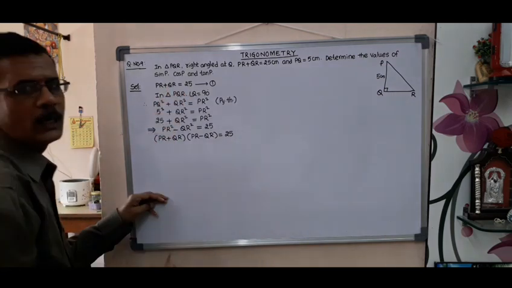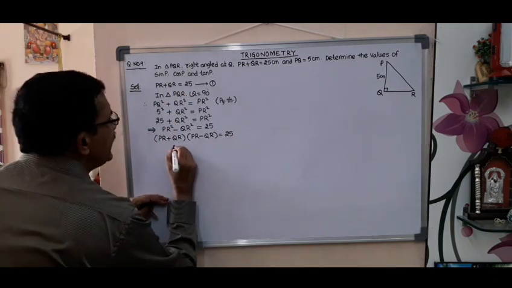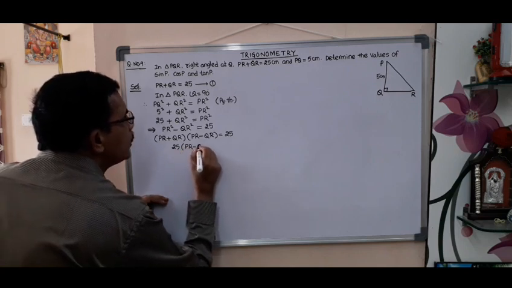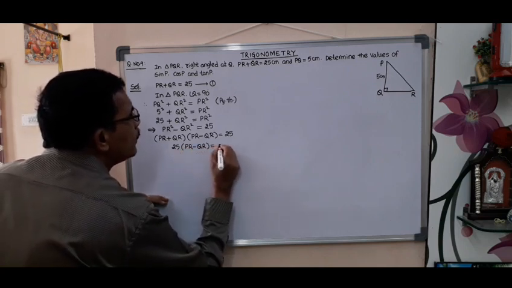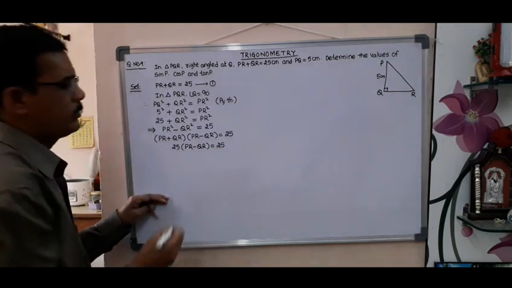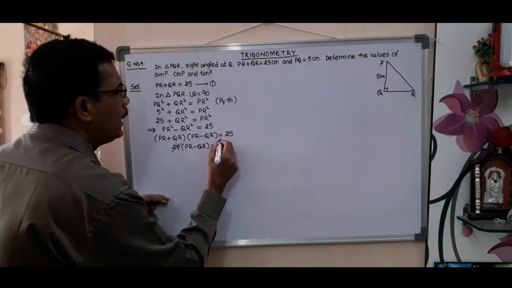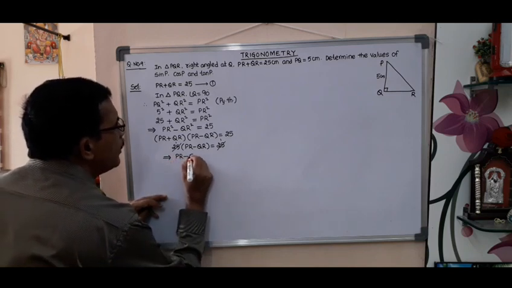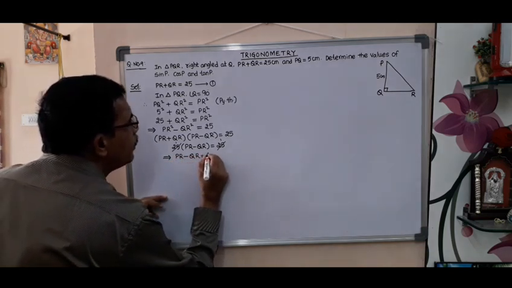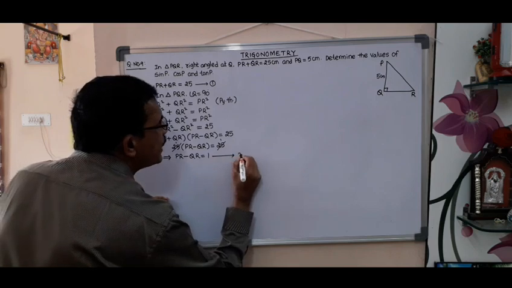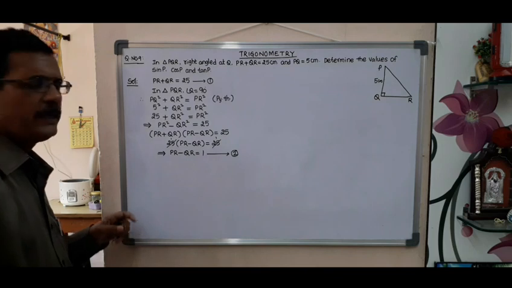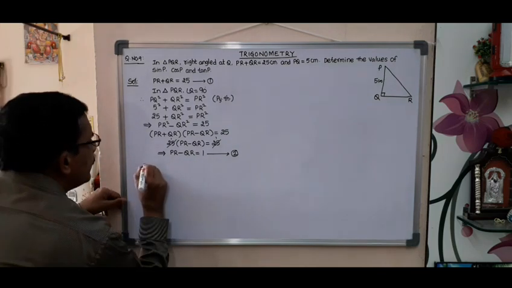Substituting PR plus QR value in this, that is 25 into PR minus QR is equal to 25. 25 ones implies PR minus QR is equal to 1. I am taking it as equation 2. By solving 1 and 2, we will get PR and QR values.